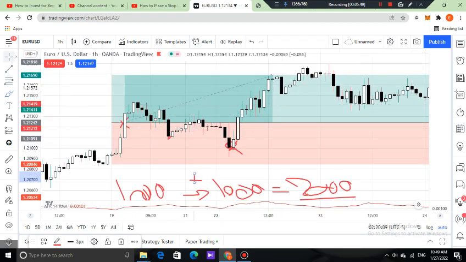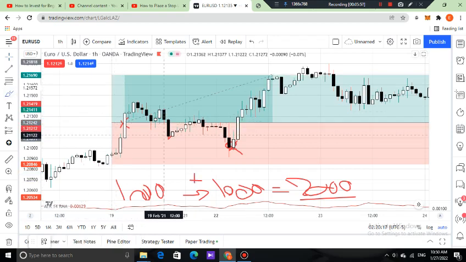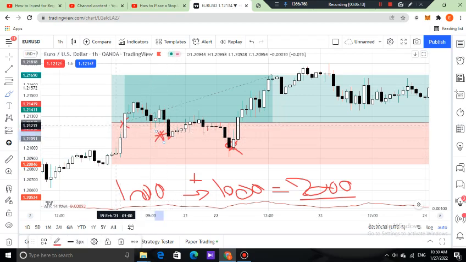And by doing so, your entry point changes. Your entry point is not at this level anymore. You actually move this entry point closer to your stop loss, and when you're doing so, you create a distance between this new entry point and this initial entry point.